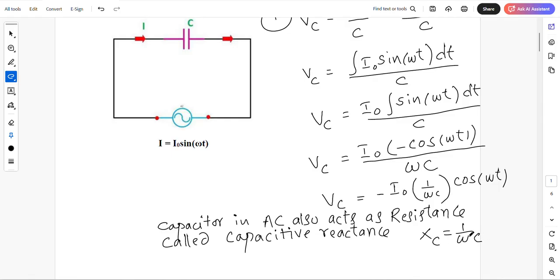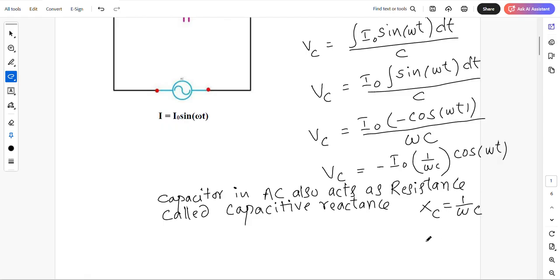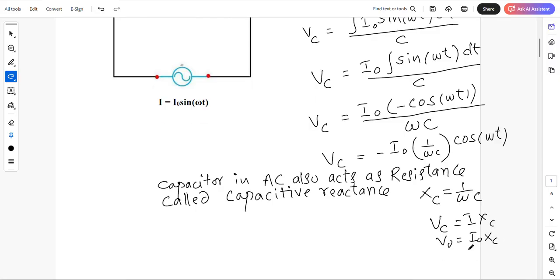In general, Vc is equal to I into Xc, and V naught will be equal to I naught into Xc, and Vrms, if you want to calculate, is equal to Irms into Xc. Okay, let us proceed with this one.